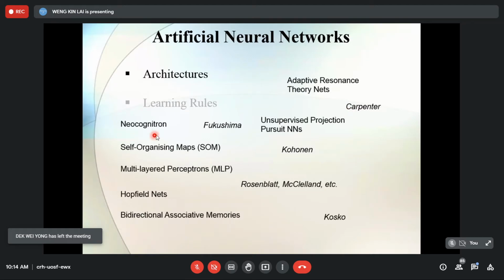Then the neocognitron. I think the neocognitron was proposed by Professor Fukushima. And I think I saw before some people said he's also the father of deep learning. Now we also spent some time later on this morning to look at what is so special about your neocognitron.